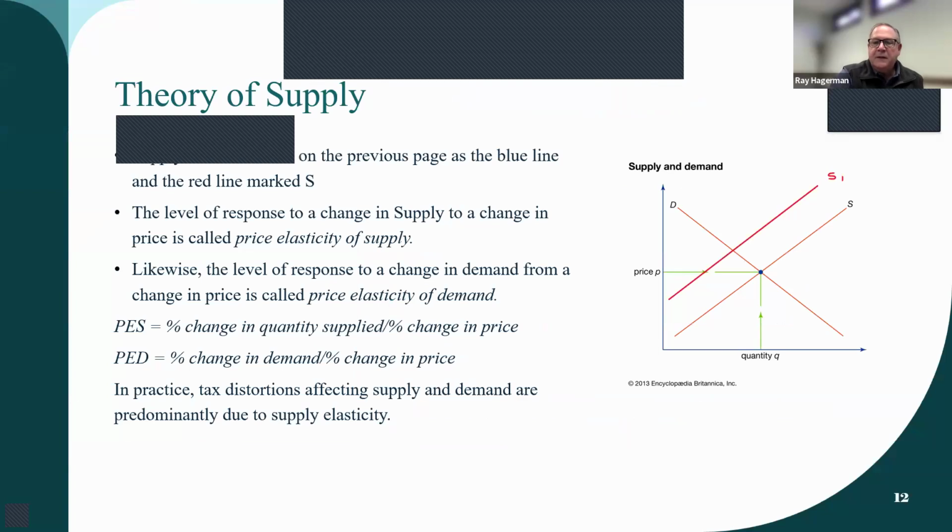Okay, theory of supply. If we look at the supply line, again the same sort of graph as we had on the page before, where price is on one side, quantities on the other, and the equilibrium point is where the green line intersects the red and the orange line. On the supply side, the important thing for you to remember is that the level of response to a change in the supply to a change in the price is called price elasticity.